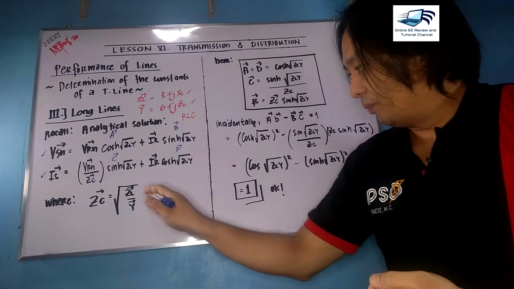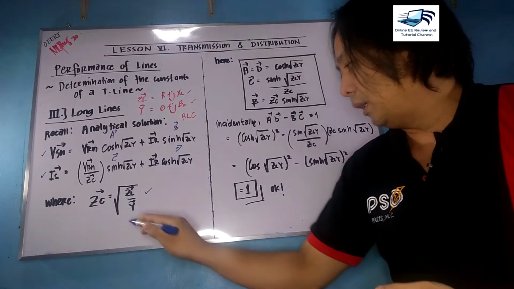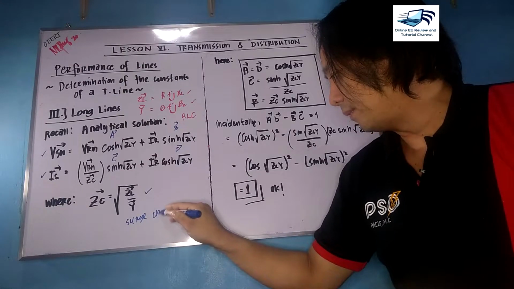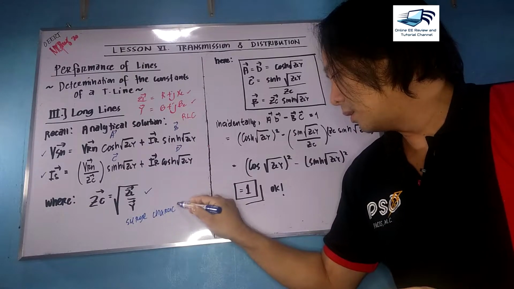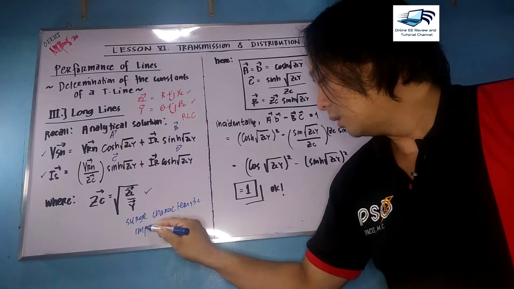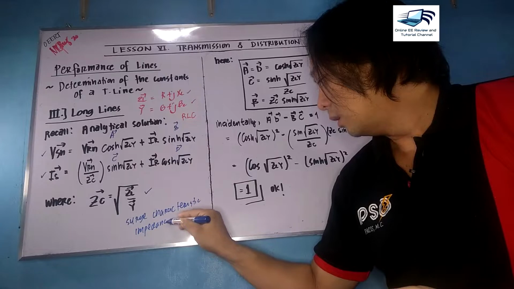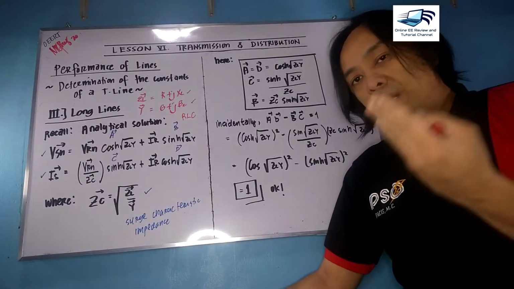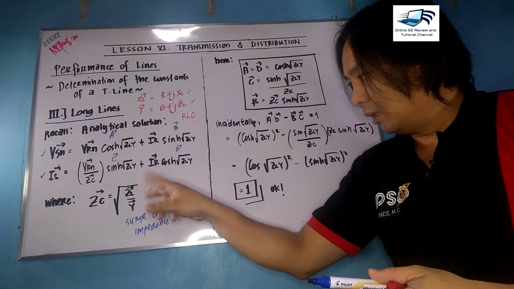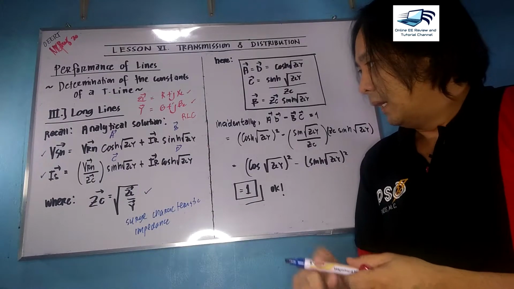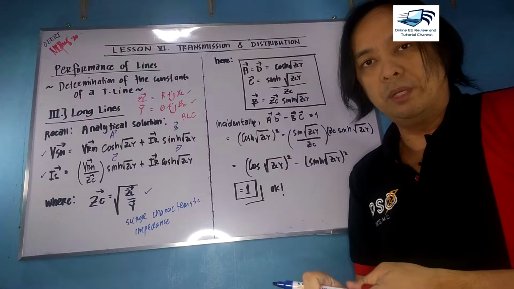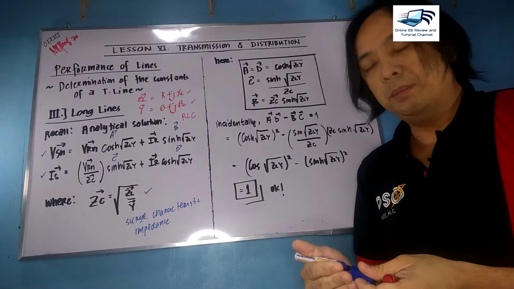Please take note that ZZ here, or the surge characteristic impedance, is the square root of ZL over Y, which we discussed from the long line, how we deal with a radicand, and we also discuss how we will deal with the sine and cosine hyperbolic functions respectively.